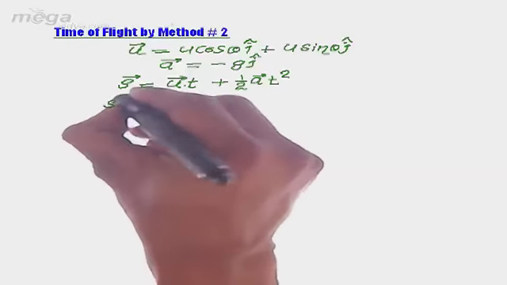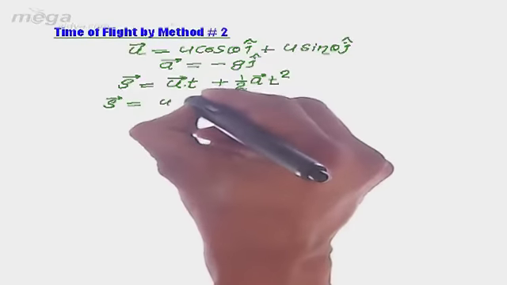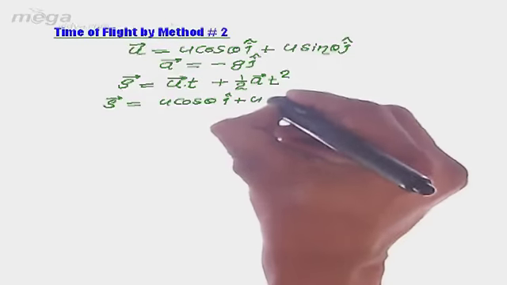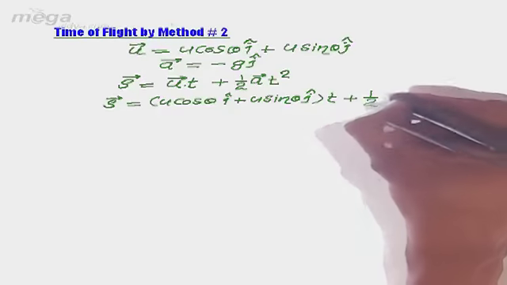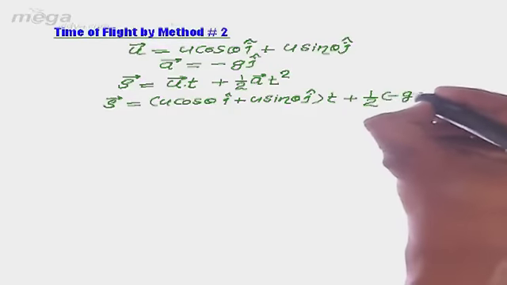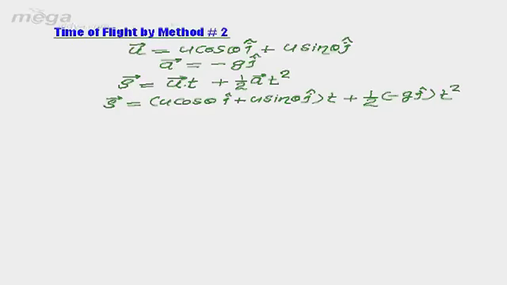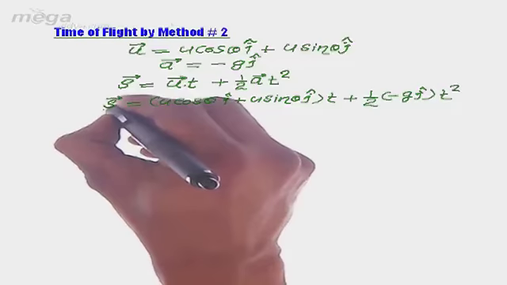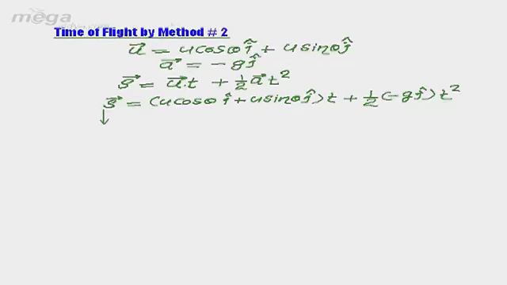Here the values are as shown above. So I am writing the values of u and a in this equation. So it becomes (u cos theta i cap plus u sin theta j cap) multiplied by time t plus half the acceleration, which is minus g j cap, into t squared. Here this displacement s is obtained in i cap and j cap form.